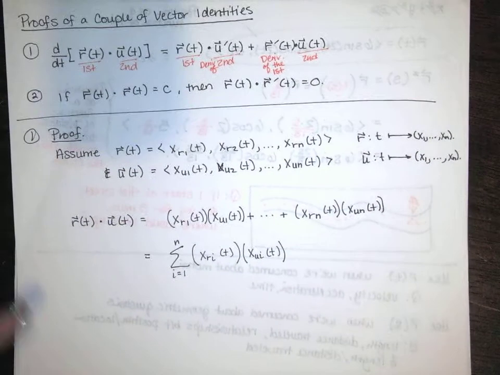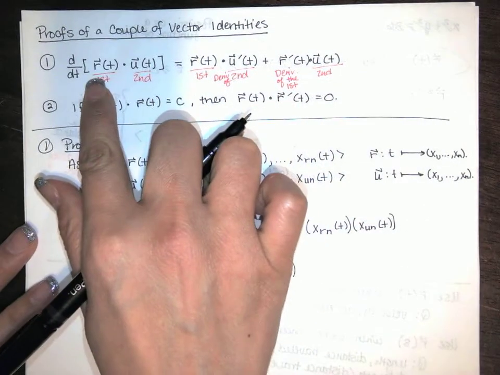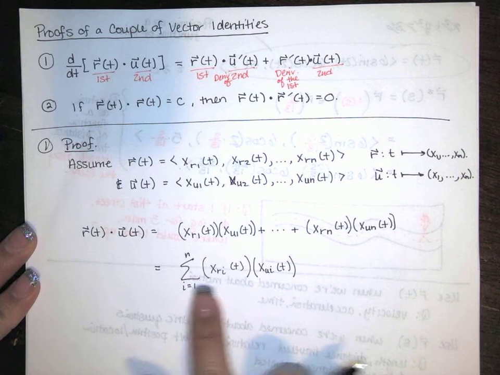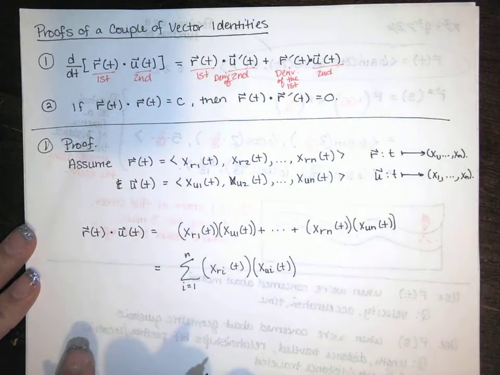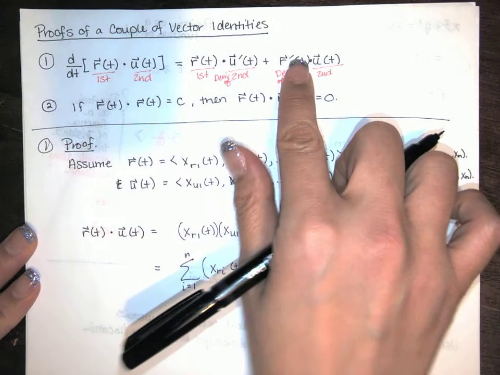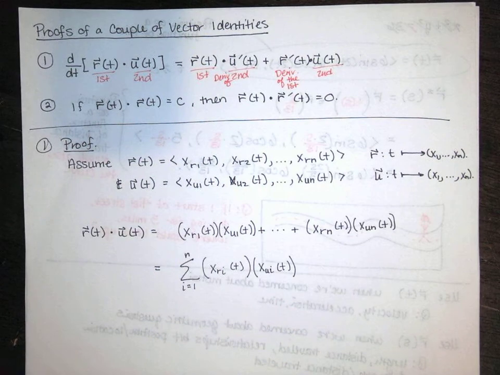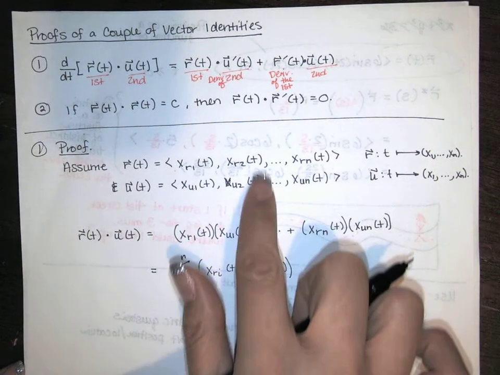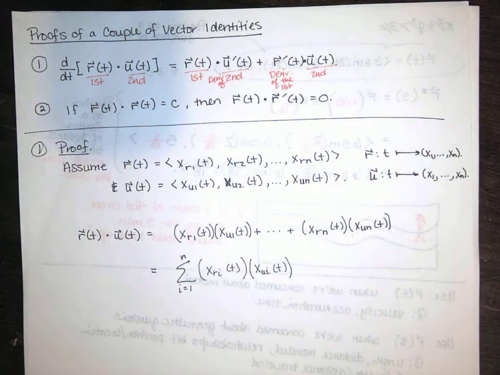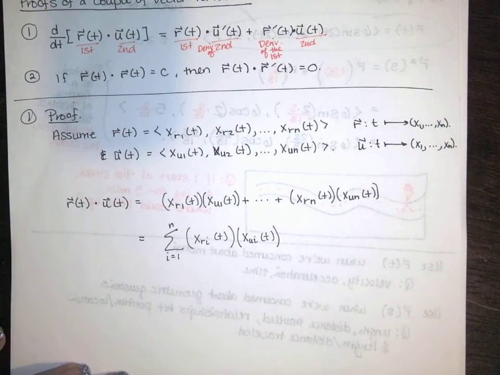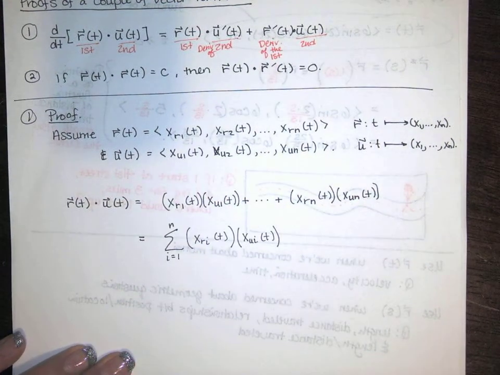Okay. And this says, once you do that, you've got this, take the derivative of that and prove to me that that's exactly the same thing as this over here on the right-hand side. So we're assuming this. We've got two vectors. Their components map to points in n-dimensional space.